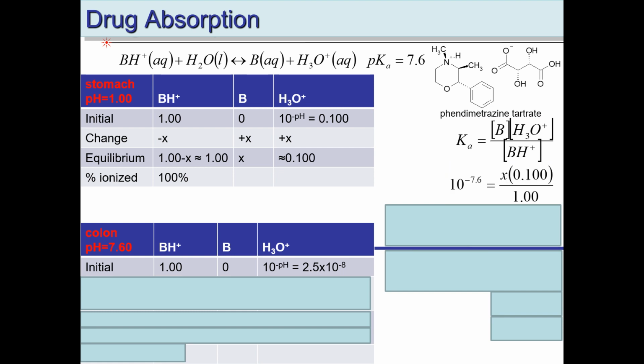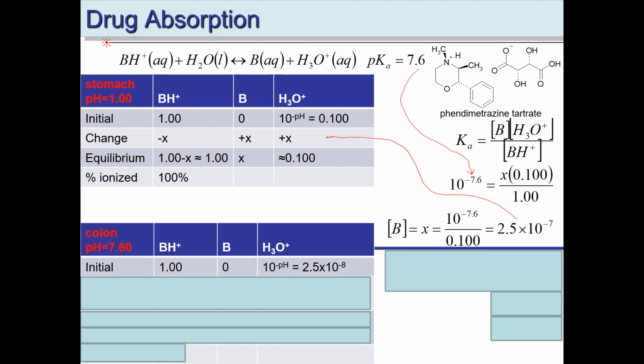We could solve for that X if we want to. So we've set up this equation. We have the pKa is 7.6, so that helps us calculate Ka. We have X from our table, 0.1 over 1. And so we end up with 2.5 times 10 to the minus 7. It's always good when you calculate X to just check your work. Is this insignificant compared to this? And the answer is yes.